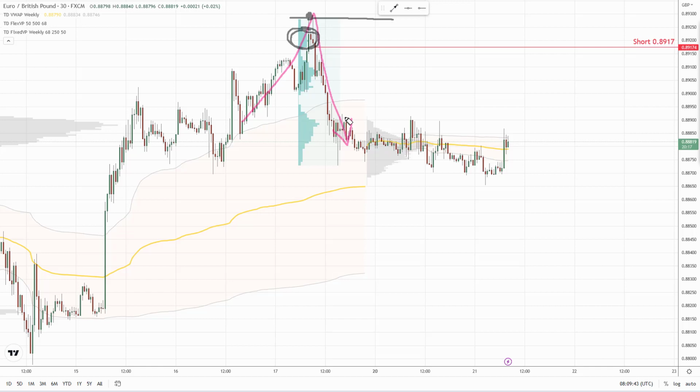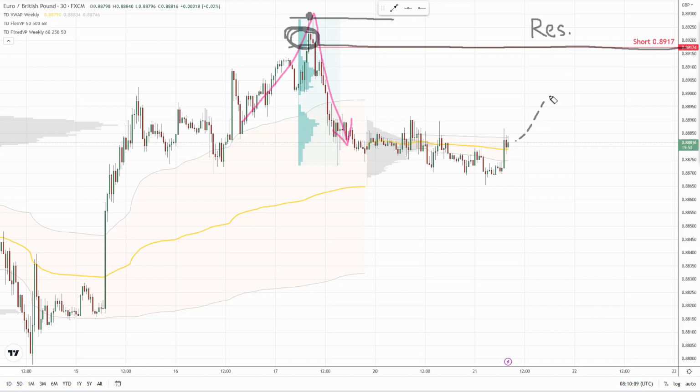Why I'm saying this is that the beginning of this heavy volume zone should work as a resistance, because aggressive sellers who are placing their shorts in here should defend this important zone, right? So that's why this should work as a resistance.